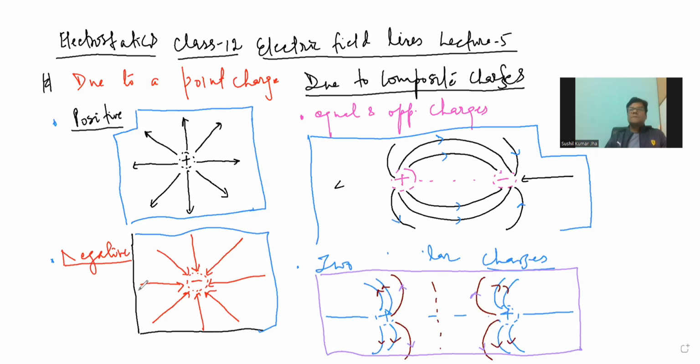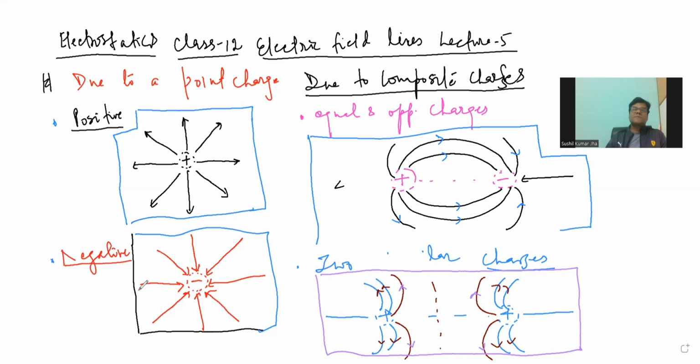We know that the electric field lines are the lines which depict or give the idea about the electric field due to a charge or area of domain around the charge, and this is the diagrammatic representation of this electric field, which means the lines which are straight or curved, along which a unit positive charge tends to move.